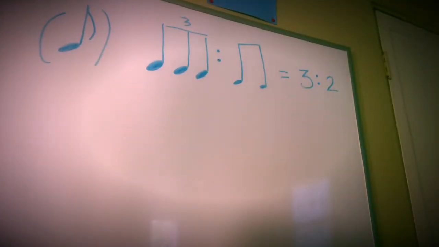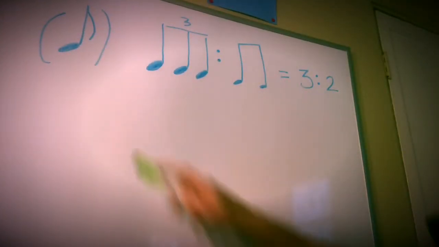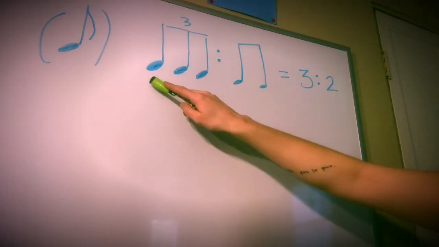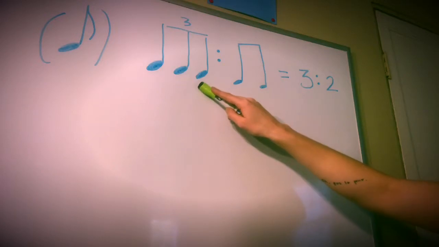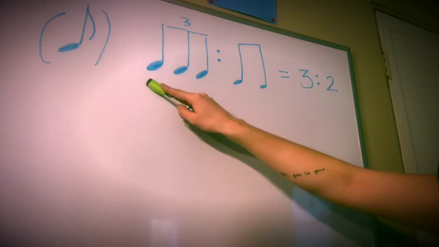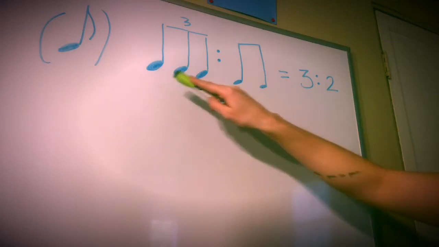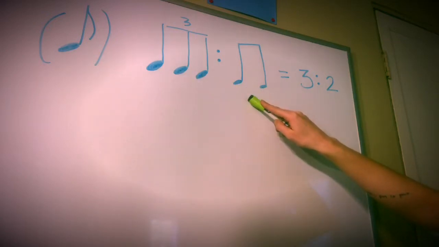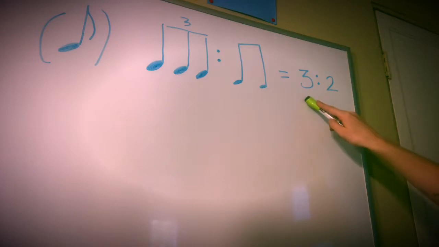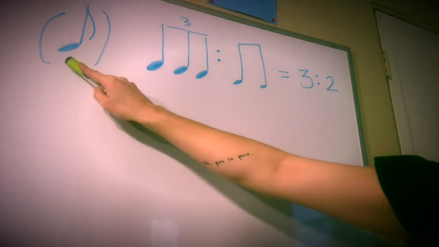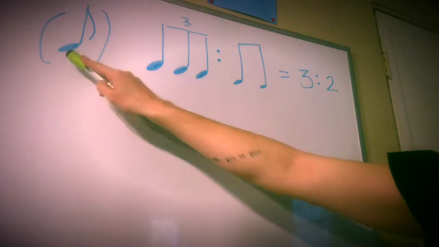When we look at these subdivisions that are written using 8th notes, we see that a triplet causes the super cool rhythmic phenomenon of fitting 3 to 2. So the ratio for a triplet is 3 to 2 of the note it's written with.